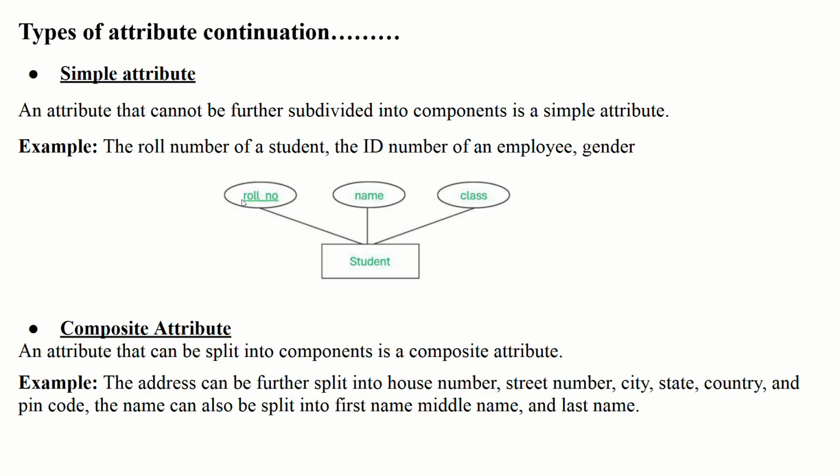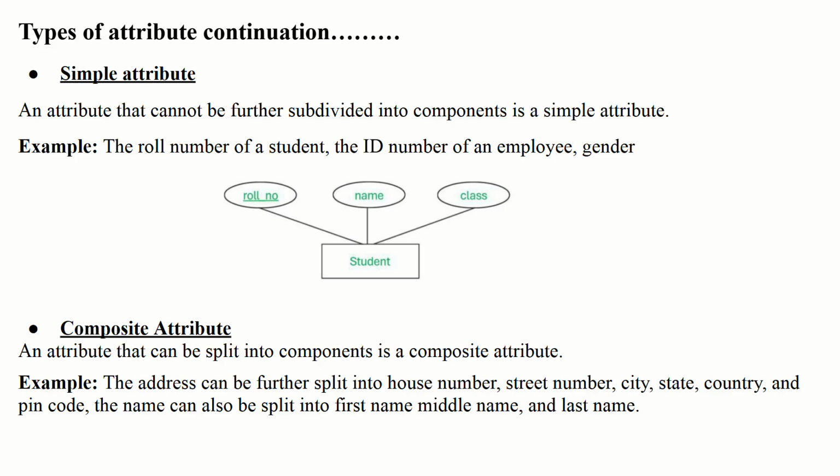Another example: a name attribute I can divide. How? When you fill some forms or a survey, you see attributes like enter your first name, enter your middle name, enter your last name.